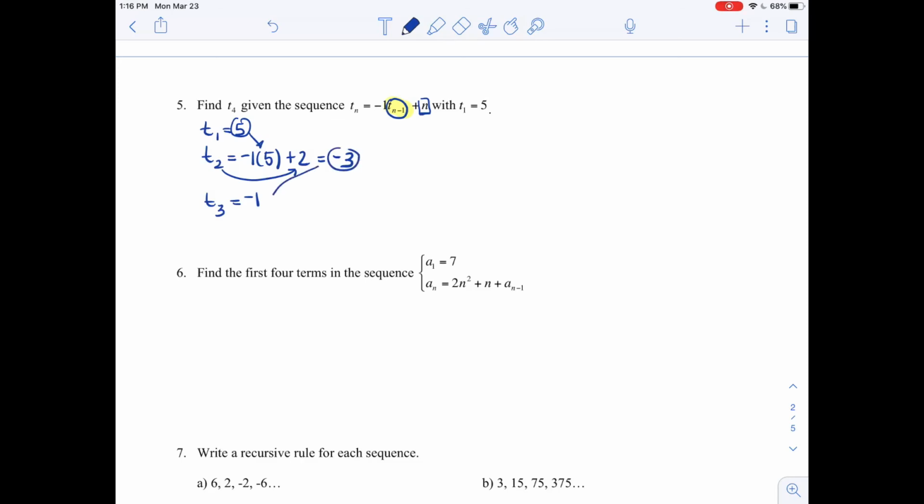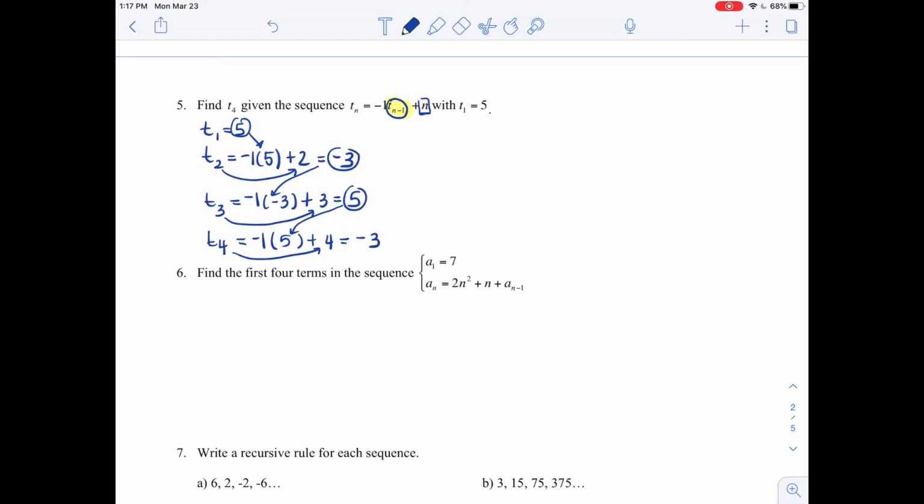So in the third term, it's once again negative 1 times your previous term, and you're going to add whatever n you're up to. When I simplify, that comes out to be 5. And finally, the last one, because I was trying to get t sub 4, negative 1 times your previous term plus whatever n you're up to, and that comes out to equal negative 3.